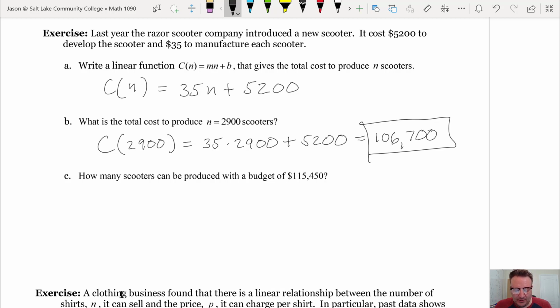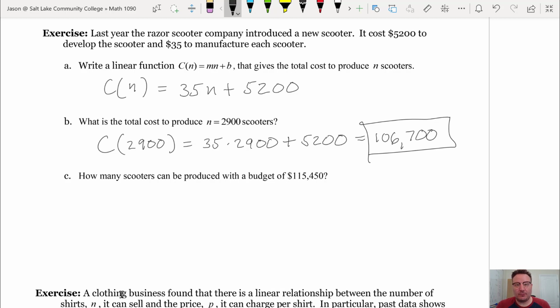Okay, part C. How many scooters can be produced with a budget of $115,450? Okay, so here we know the cost that we're willing to spend, and we want to figure out the quantity that would correspond with it. And what do we have?